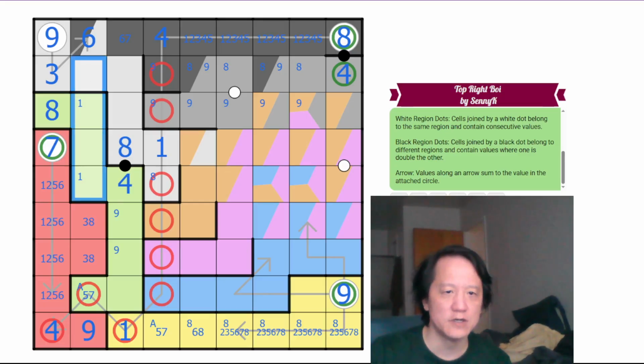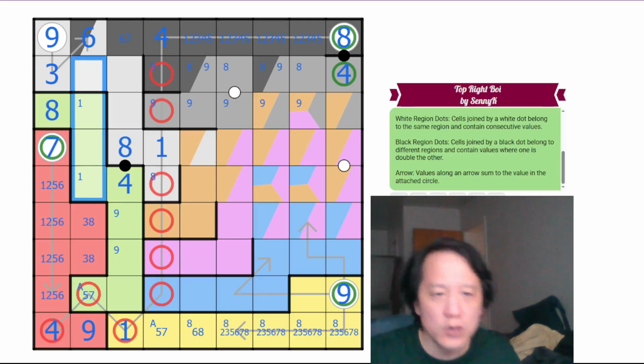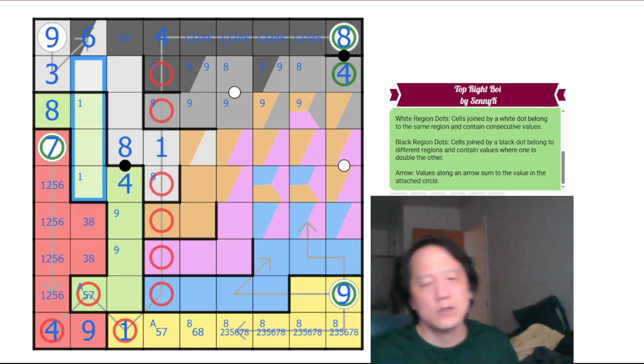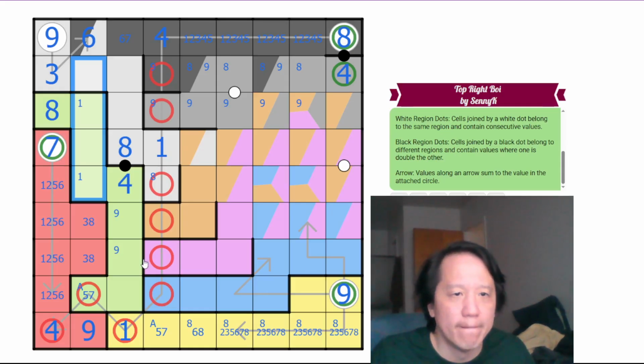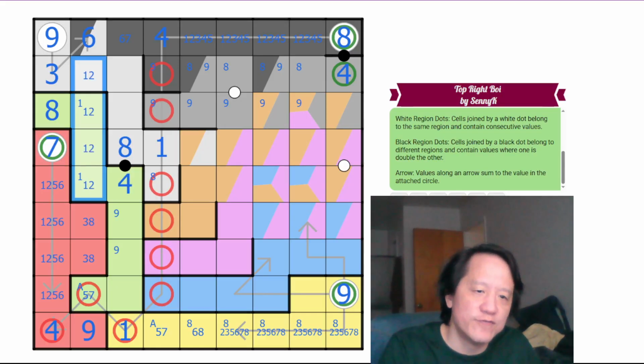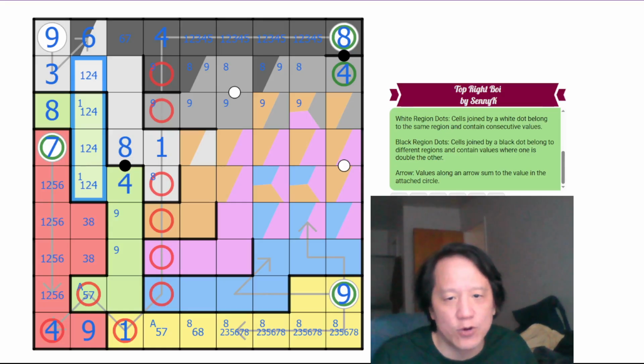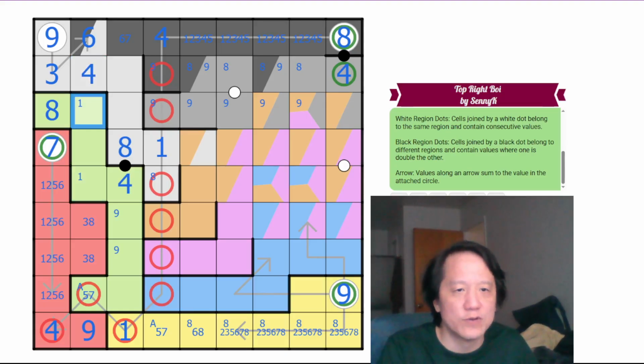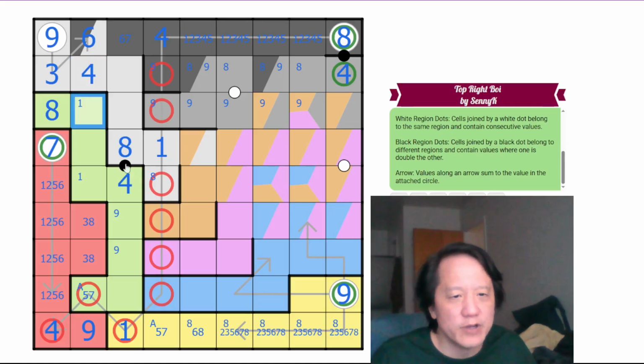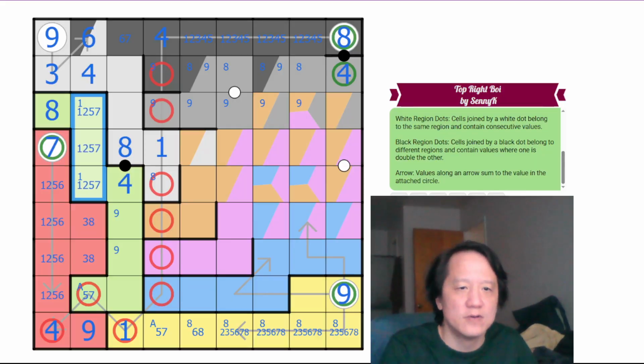Remaining digits of column 2. We have 1, 2, 4. Well, okay, 4 cannot be in any of the greens. So where's 4? It has to be there. So this is 4 there. Then we have 1, 2, and then 5 and 7 left.